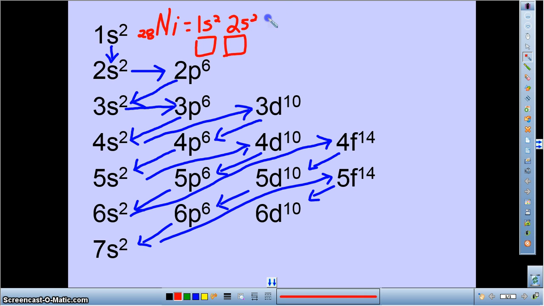Then it's going to go fill 2p6. Write those out. Then after 2p6, I'm going to put electrons in 3s2. From 3s2, I'm going to go to 3p6.